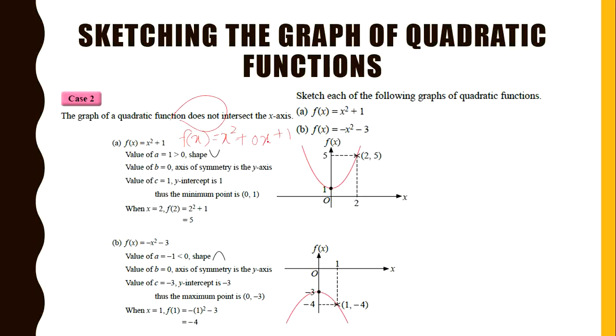The value of b is 0. When the value of b is 0, the axis of symmetry is the y-axis, automatically.